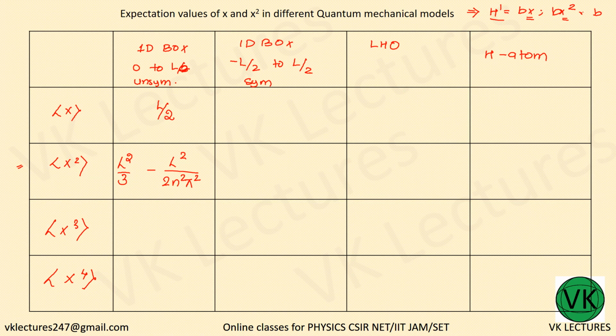Then the 1D symmetric box: for the symmetric box, the expectation of x is 0 and the expectation of x square is L square by 12 minus L square divided by 2n square pi square. Remember, it is changed to 12. For the linear harmonic oscillator, since it is symmetric, it is of this form.